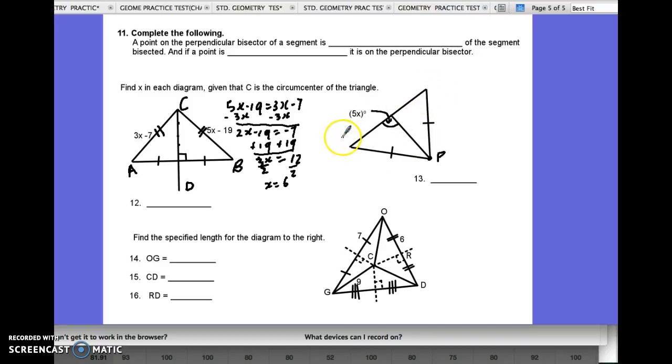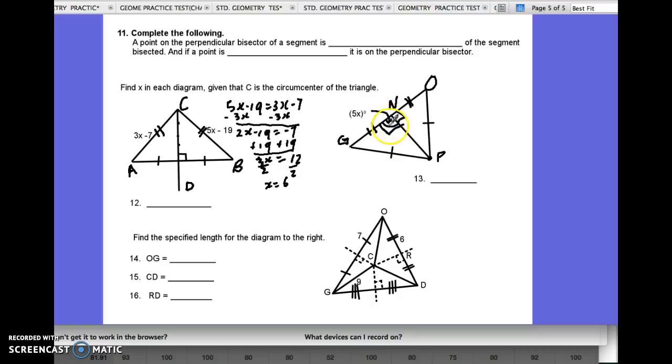So if I call this segment GO, from P to O is the same as from P to G. Therefore, this, let's call it PN, must be a perpendicular bisector. So this has to be perpendicular. And here we have GO being bisected. So if this is perpendicular, this is going to be 90. This one will also be 90.